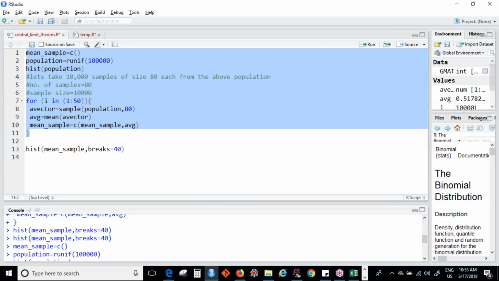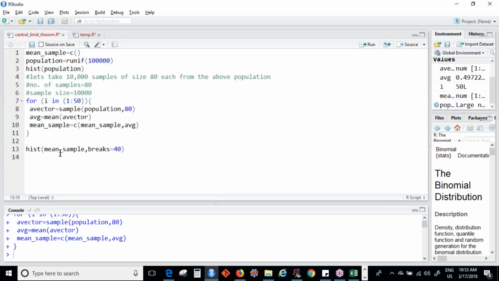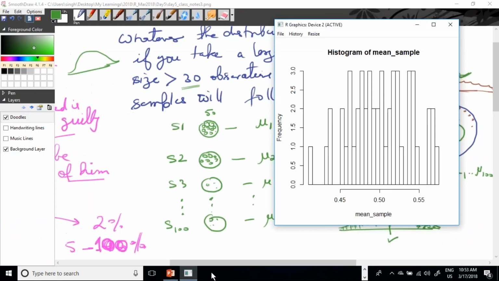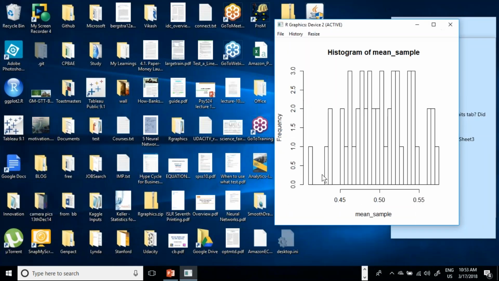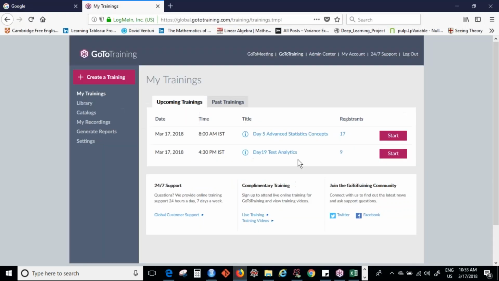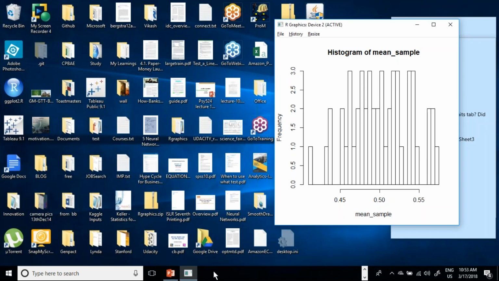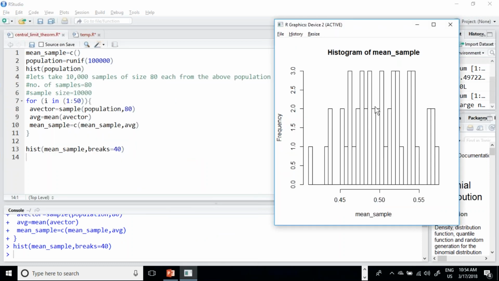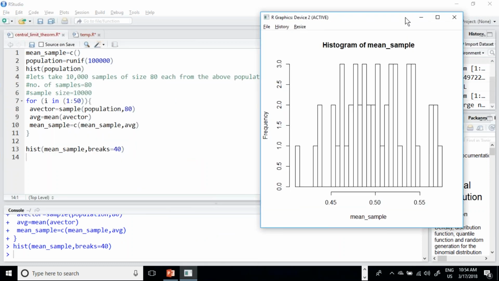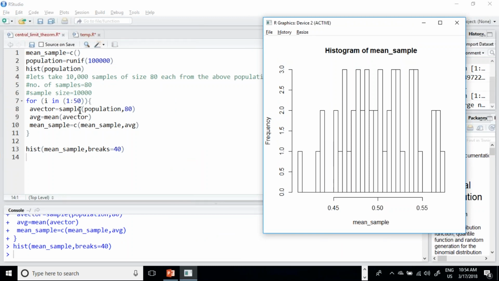It will run quickly, but your histogram will not look very perfect. See, now it is difficult to identify whether it is normally distributed or not because I gave only 50.